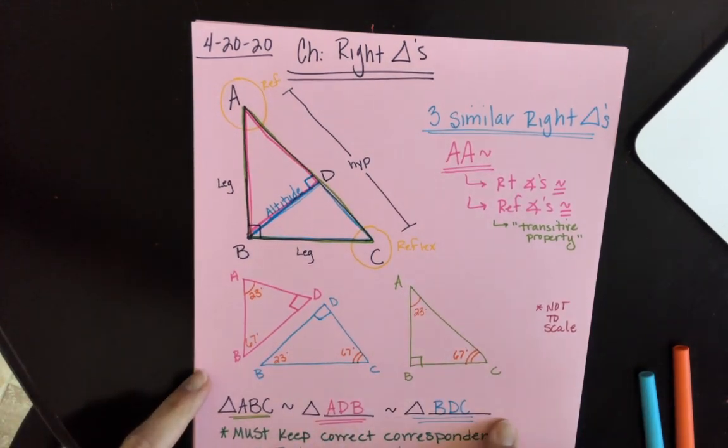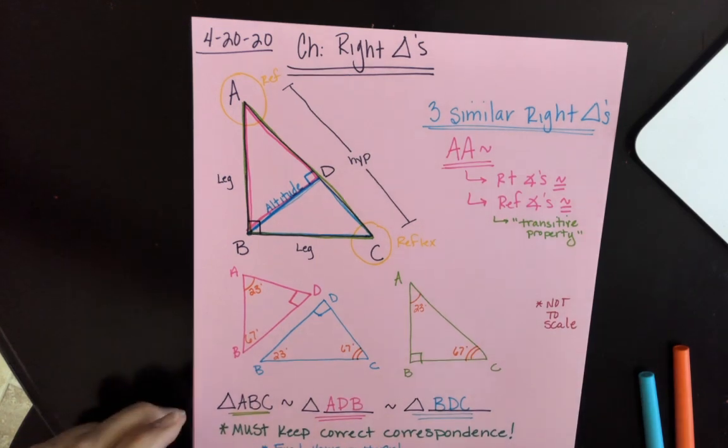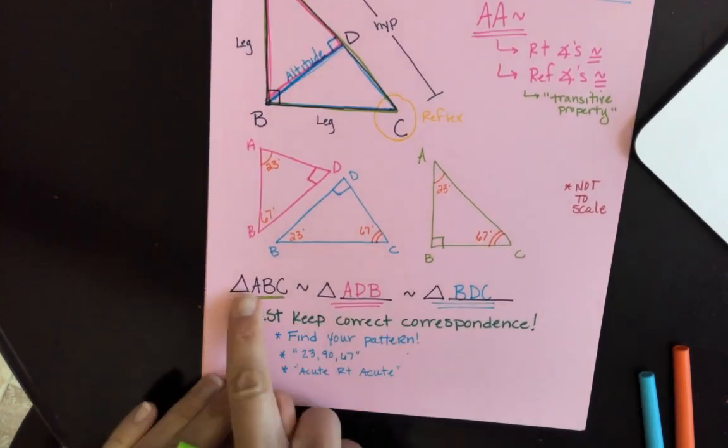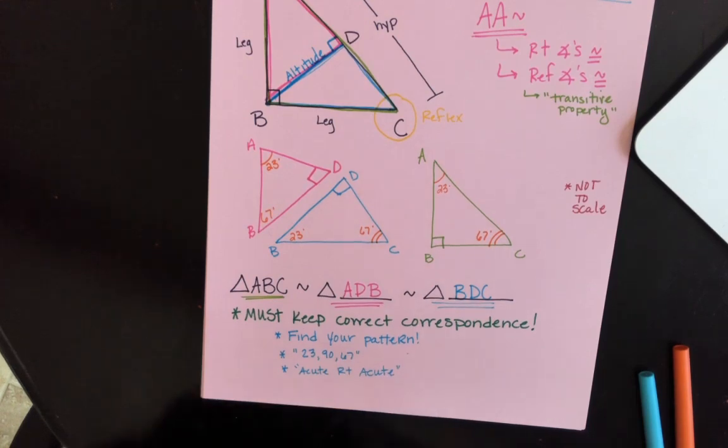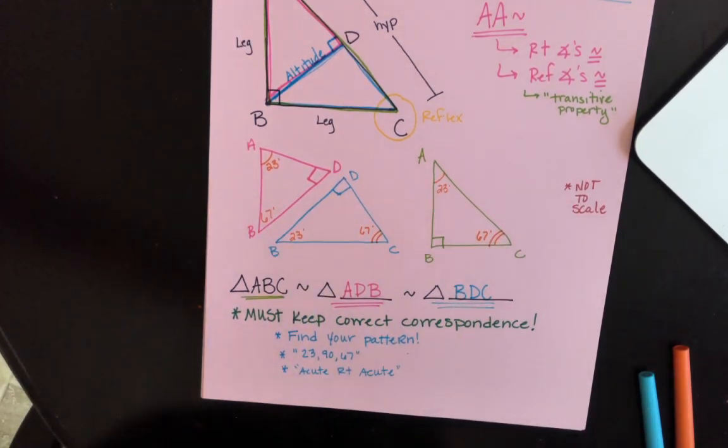So because all of them are similar to each other, they're going to be similar in pairs. And then remember, keep your correspondence. If you have to put in numbers, if you have to doodle to make sure they're correct, make sure you do so.